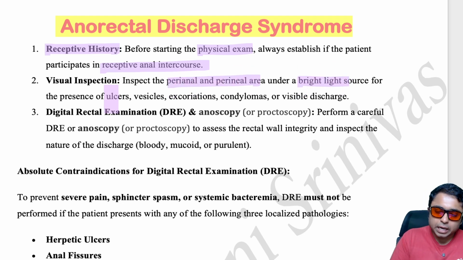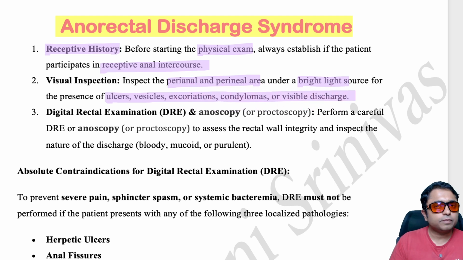And visually just try to inspect under a bright light the perianal and also perineal area for the presence of any ulcers, vesicles, excoriations, condylomas, or any visible discharge, even without any digital rectal examination or anoscopy. So DRE, anoscopy, proctoscopy: perform a careful DRE and anoscopy to assess the rectal wall integrity.